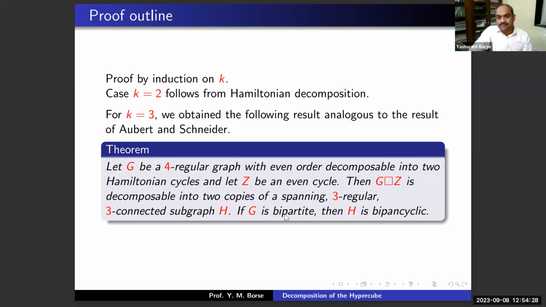Moreover, if G is bipartite, then H is bipancyclic. So this is a crucial result. Using this, the way Alspach finished the proof of Hamiltonian decomposition, we finish the proof of this result.